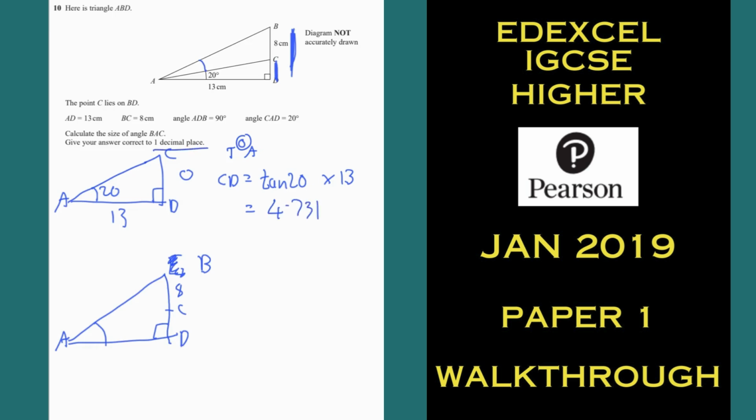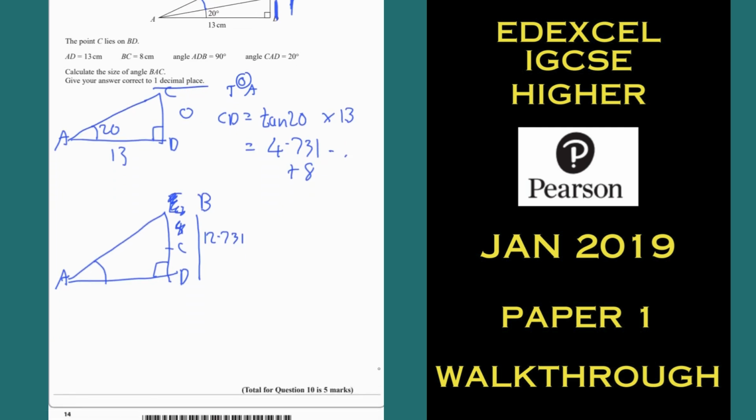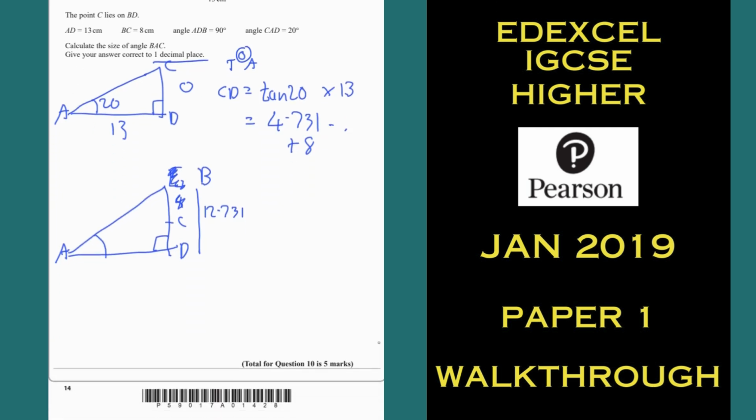As always, it wants one decimal place, so it's best to work in 2 or 3. That means we can take that forward. We can add 8 onto it. We now have this height here. That's 12.731.